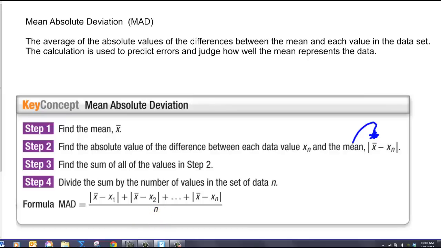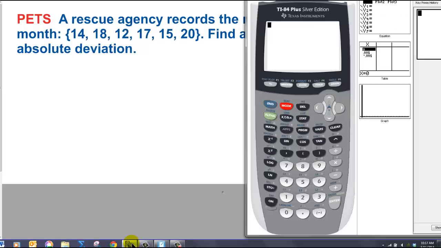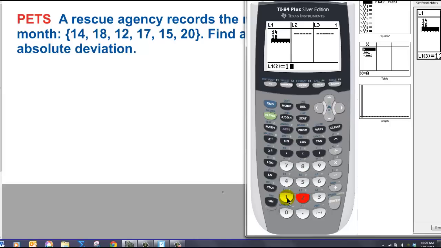So let's go ahead and do that on a calculator. All right. We have a set of numbers here, 14, 18, 12, 17, 15, and 20, and we're going to calculate the mean absolute deviation. So again, let's get our calculator out. You're going to hit Stat, Edit, and we'll plug in the numbers in that list: 14, 18, 12, 17, 15, and 20.